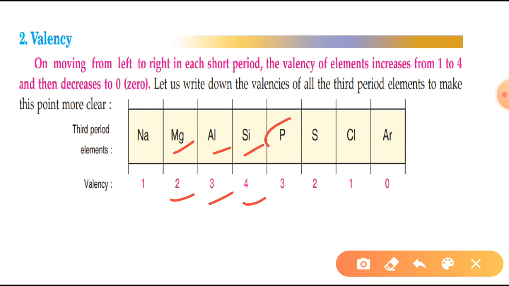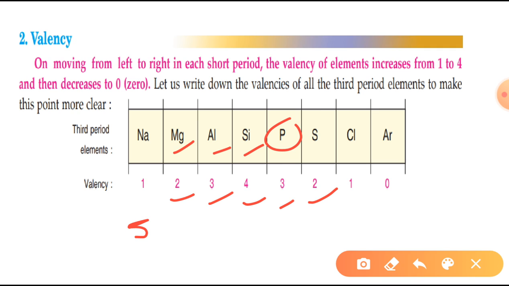Now phosphorus. Students, its configuration is 2, 8, 5. So if someone has 5 electrons in the valence shell, it will need 3 extra electrons in order to make an octet. That's why it has valency 3. Then sulfur, which has atomic number 16 and configuration 2, 8, 6, needs 2 more electrons. Then chlorine, 17 electrons in total.